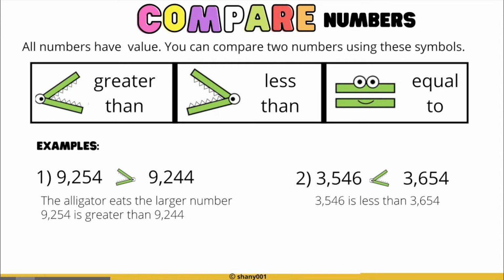Let's look at example number 2. 3,546 is less than 3,654. If you notice the greater than and less than symbol, greater than always will be eating the bigger number, and the pointy part will always point to the smaller number.